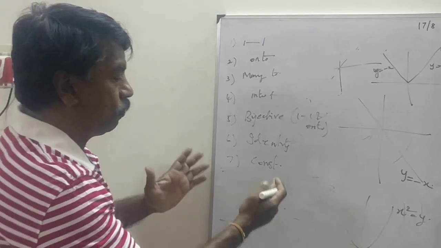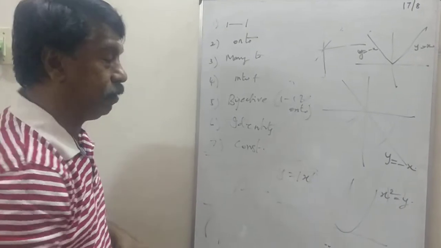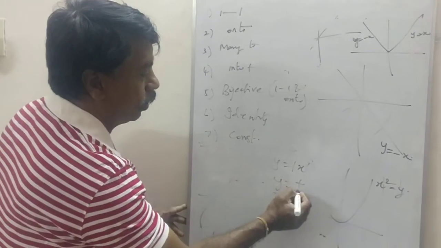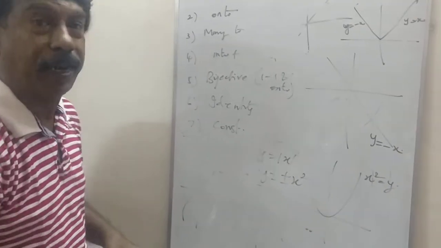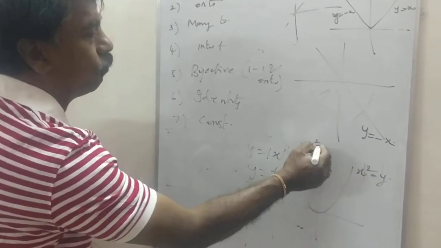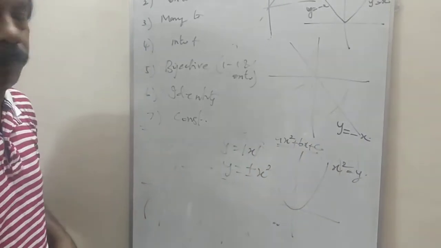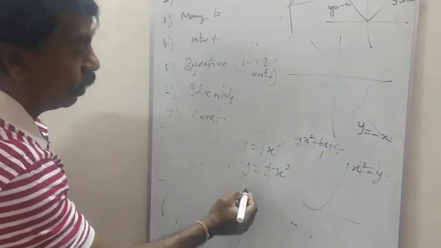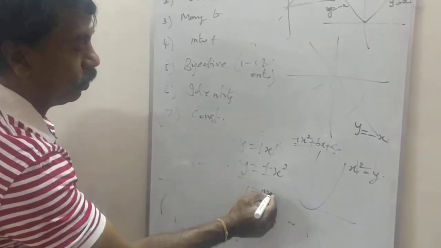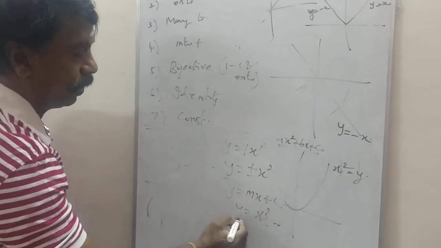And apart from this, we have y equal to modulus x, that is a mod function. Y equal to plus or minus x squared, that is a quadratic function. Not only this one, any equation of quadratic form is called a quadratic function. Quadratic form is ax squared plus bx plus c, and linear function is y equal to mx plus c. Y equal to x cube is an example.